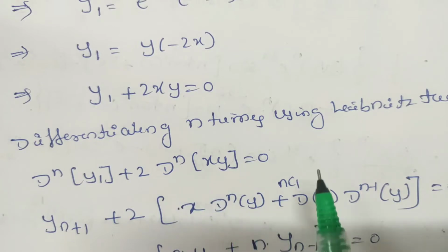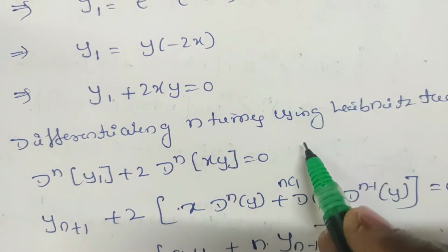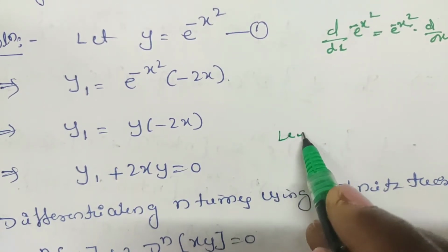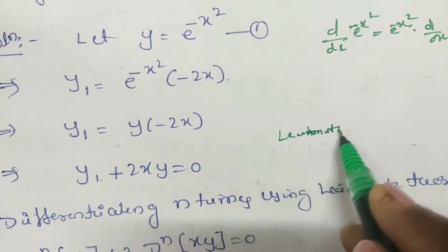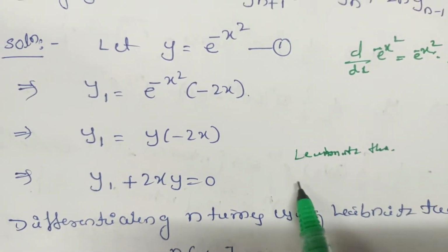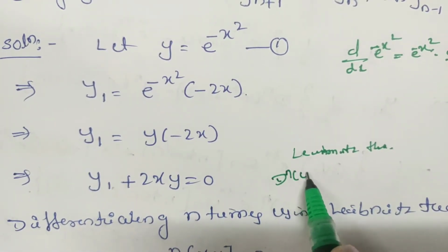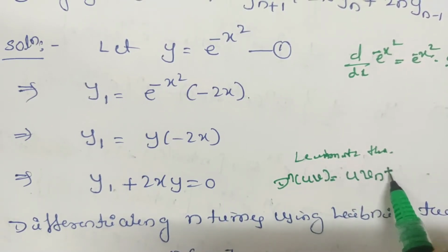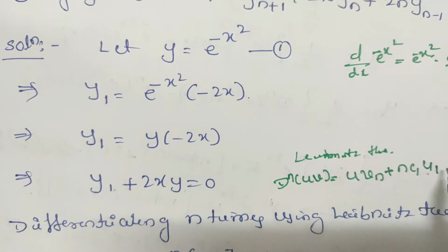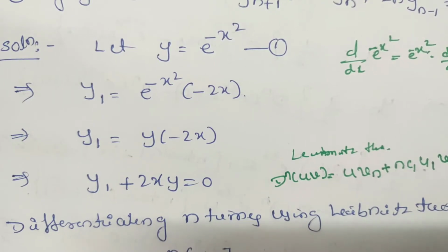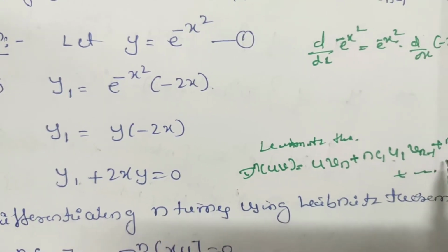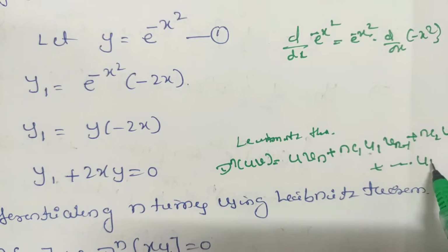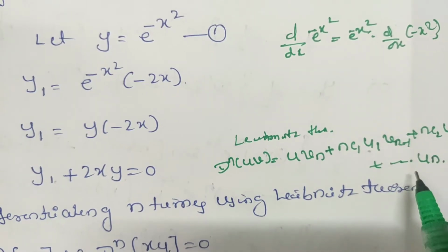We know the Leibniz theorem. Leibniz theorem is, that is the nth derivative of u into v is equal to u as it is, nth derivative of v, plus nc1 derivative of u and n minus 1th derivative of v, then plus nc2 second derivative of u and n minus second derivative of v, plus etc., up to un, that is ncn un.